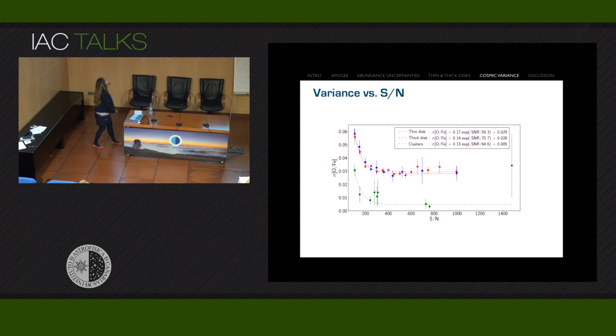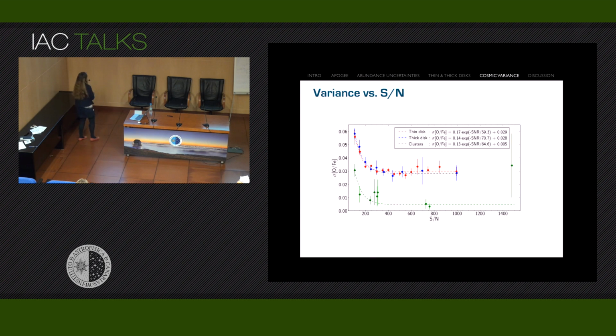Once we have this scatter measure, of course, you have some effects that can make it different. The first one is the signal to noise. If your signal to noise is better, your scatter will probably also be better. We also wanted to check if the signal to noise of the clusters is representative of the sample, because clusters can in principle be better observed.